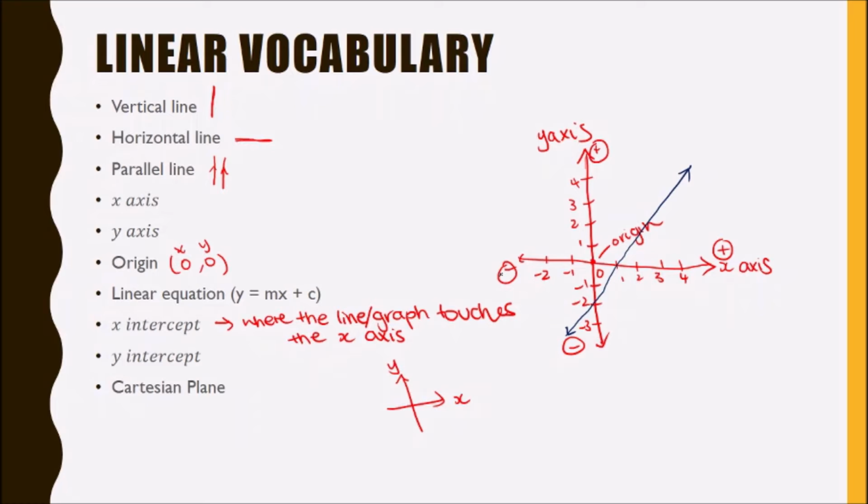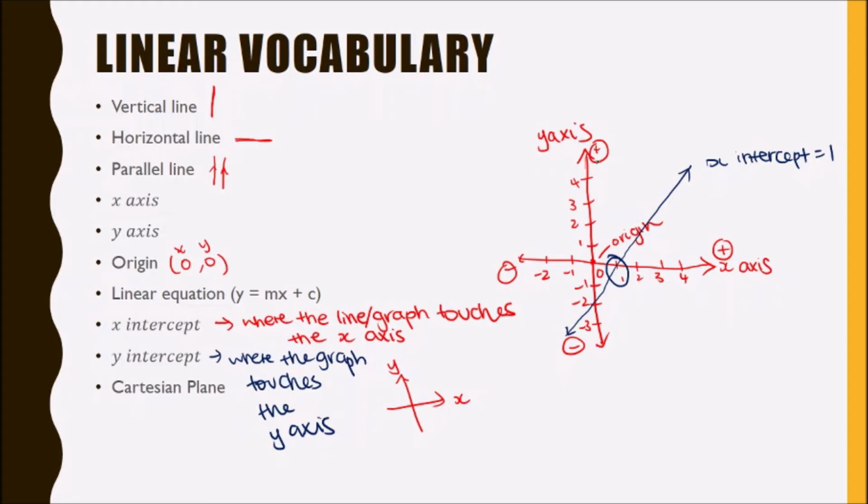This is the x-axis, this horizontal line here, and it touches the x-axis at 1. So for this one here, we can say that the x-intercept is 1. Now the y-intercept is where the graph touches the y-axis.